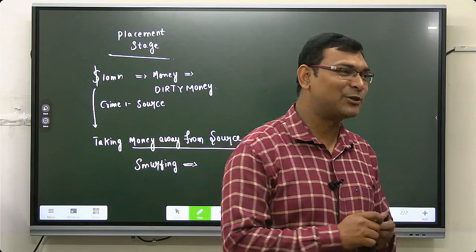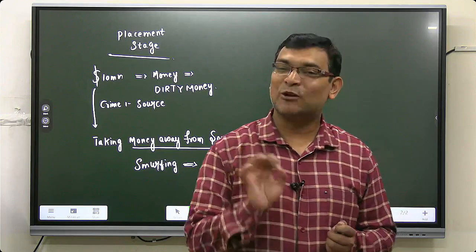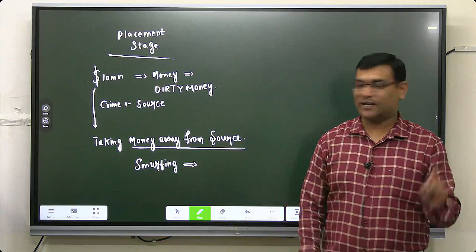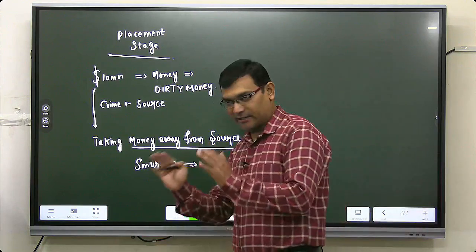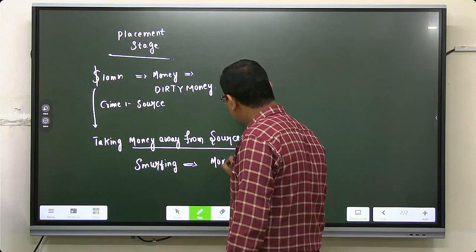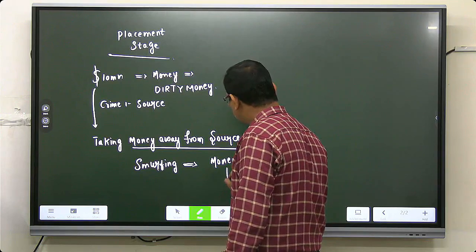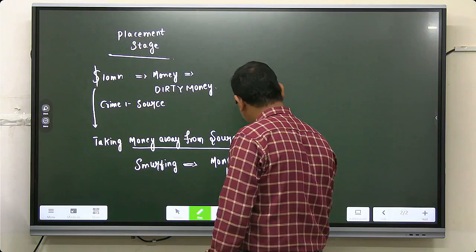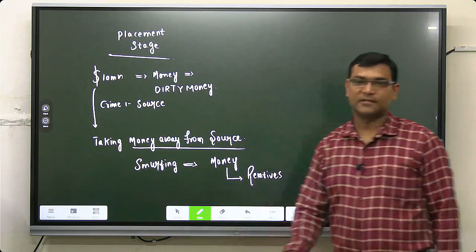So they will serve you notice. Yes or no? So what you do? Here you do smurfing. In the smurfing, what happens? Then divide the accounts and then put this money into the relatives account. Nobody will get doubt. Relatives account. Am I right?